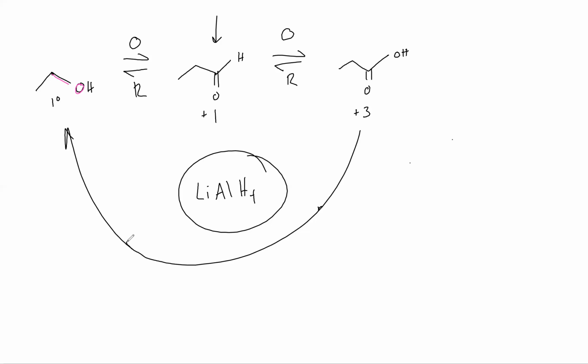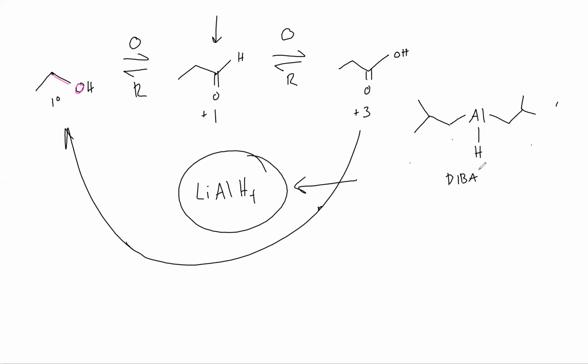We don't really talk about weak reducing agents, but I can tell you that a weak reducing agent that would be similar to lithium aluminum hydride would be something called diisobutyl aluminum hydride. So that would look like this. You can see an immediate difference between LiAlH4 and DIBAL, as this is called.